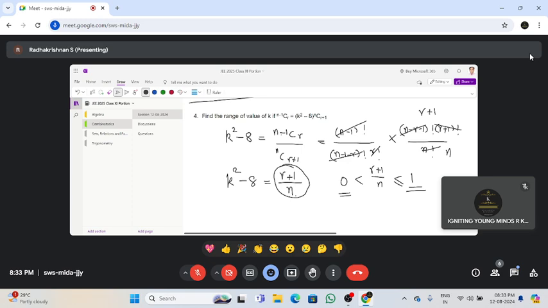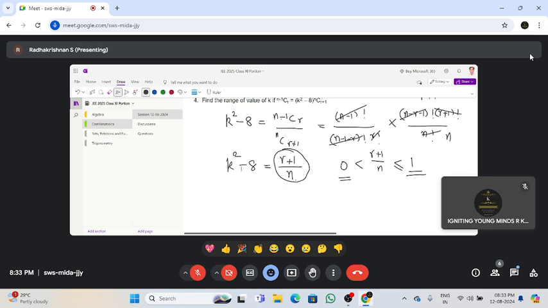So the range will be 0 to 1, 0 not included and 1 included. This is based on how NCR works. In NCR, r is always smaller than n.